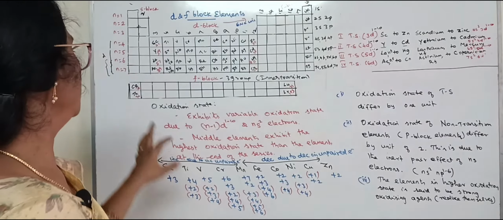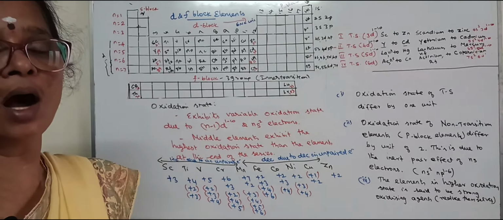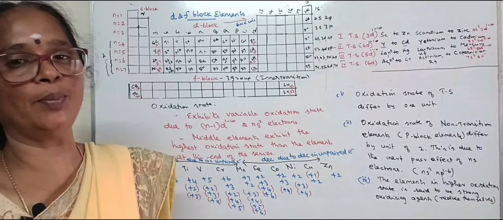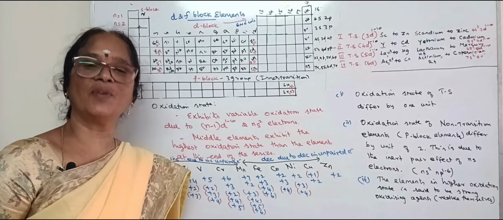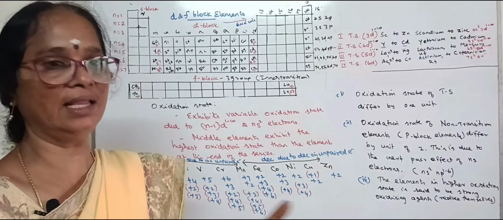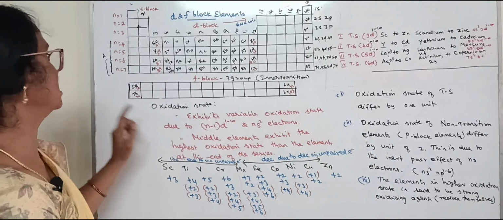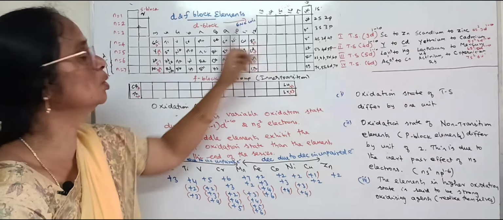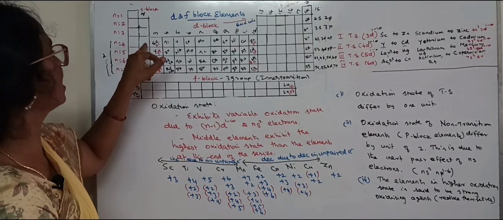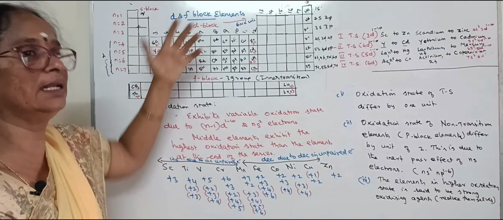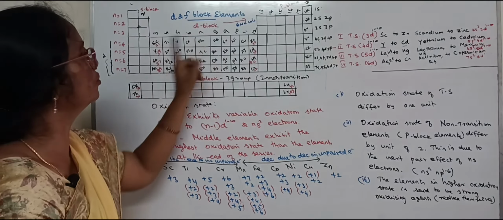The next general property of d block elements is oxidation state. This oxidation state depends upon the number of valence electrons present in the given element. When we go from scandium to manganese in the third transition series, the number of unpaired electrons in the d orbital increases from 1 to 5.